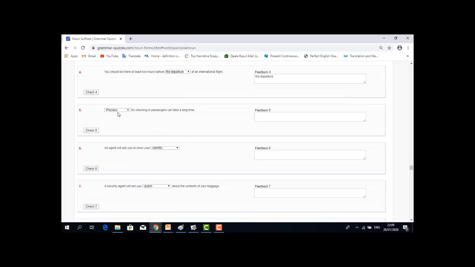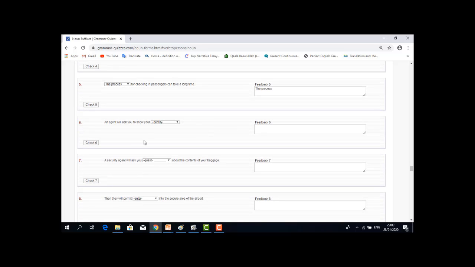A true answer as well. The noun from process is the process, the same as the verb. Do you think it's correct? Let's check. A correct answer as well.